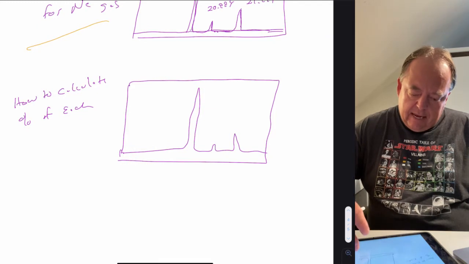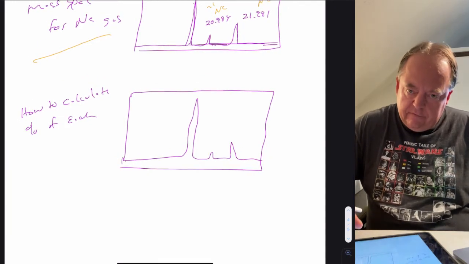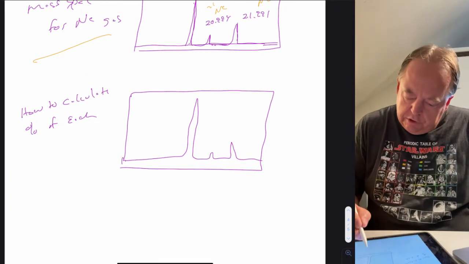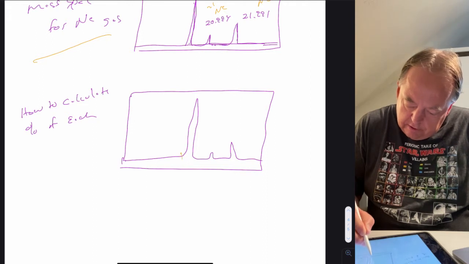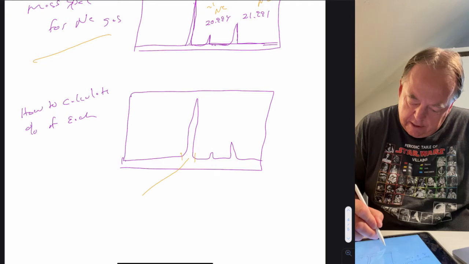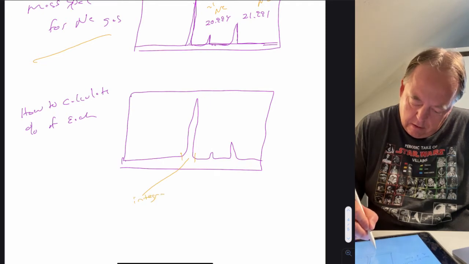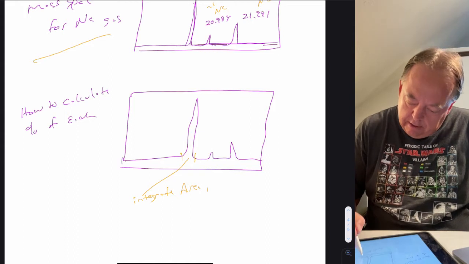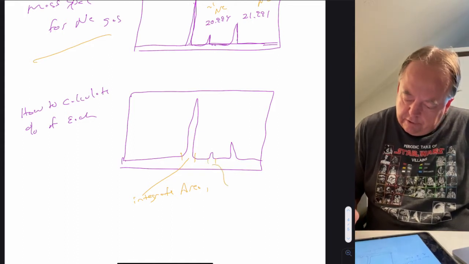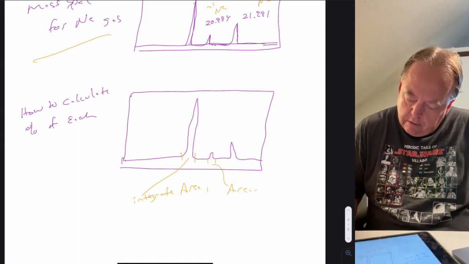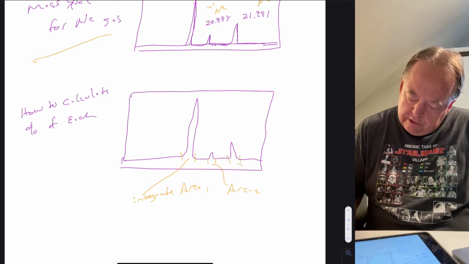So then from this data, how would you use it to calculate how much of each one you have? What you can do is tell the instrument to take this area, chop that area off, and integrate it. We'll call that area 1, and tell the instrument to measure the area under this curve. We'll call that area 2, and measure the area under this curve, and we'll call that area 3.